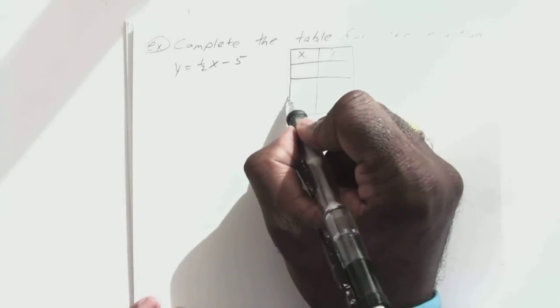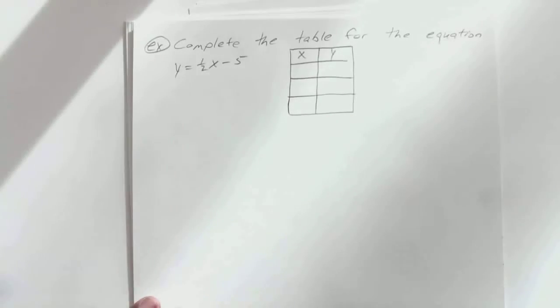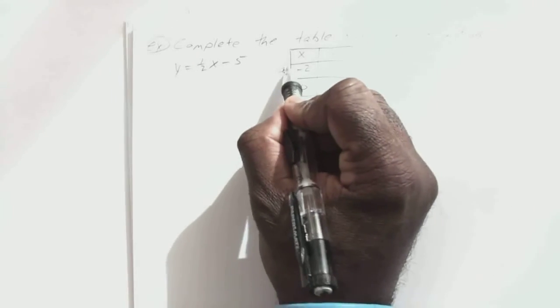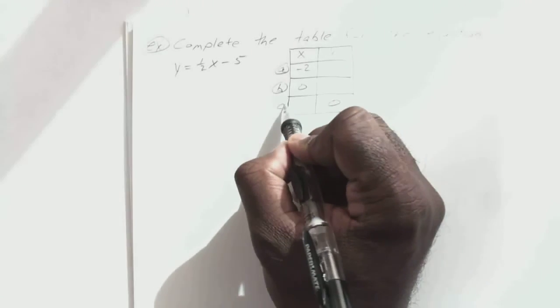Okay, so again, we have 3 separate sections. Let's say we have -2 here, we have 0 here, and we have a 0 there. And just like before, we'll call this one A, this one B, and this one C.